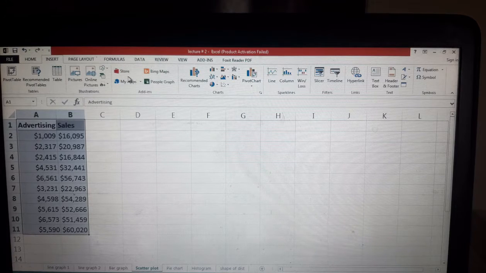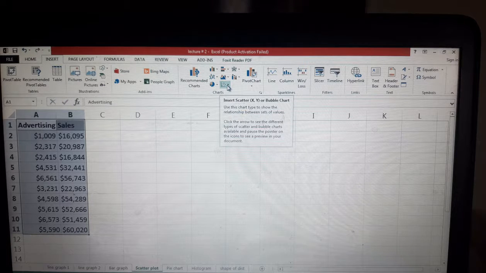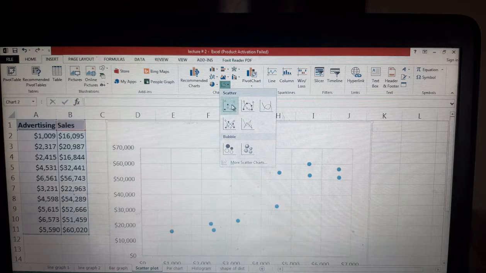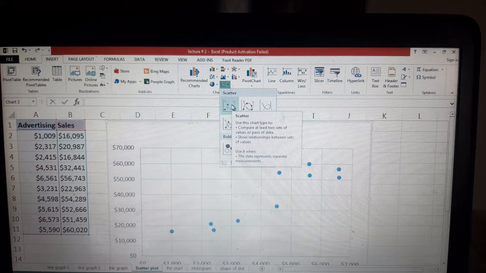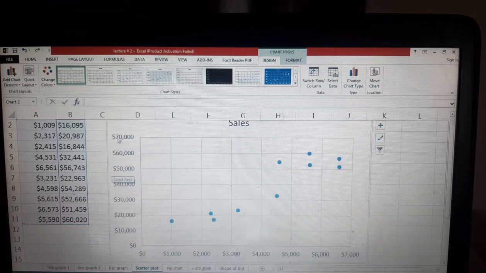Click Insert, insert Scatter, and click Scatter. On the y-axis you have the sales of the company, and on the x-axis you have the cost of advertisement.